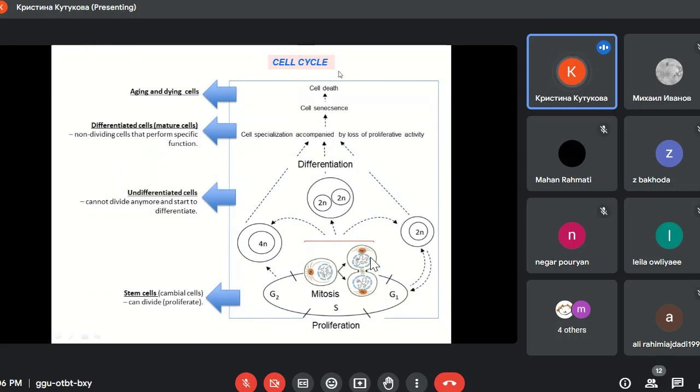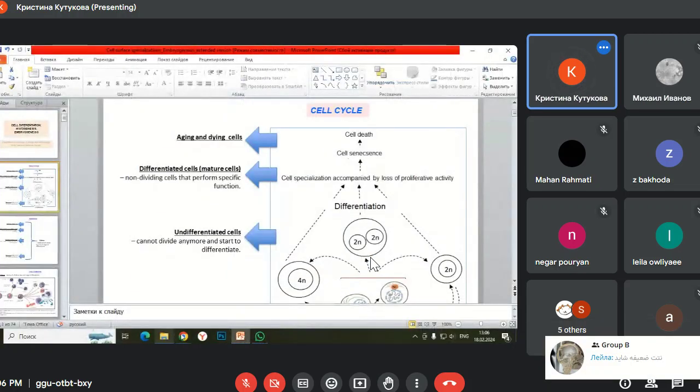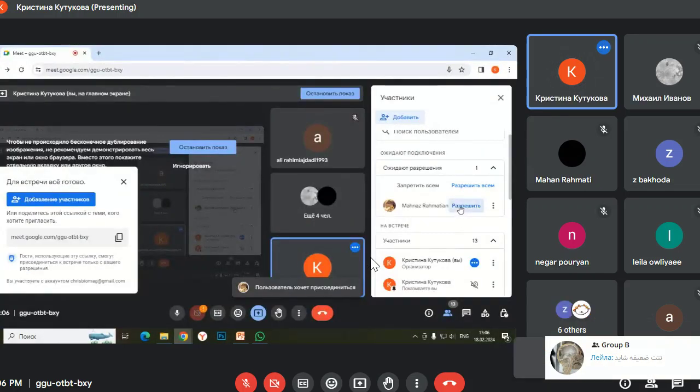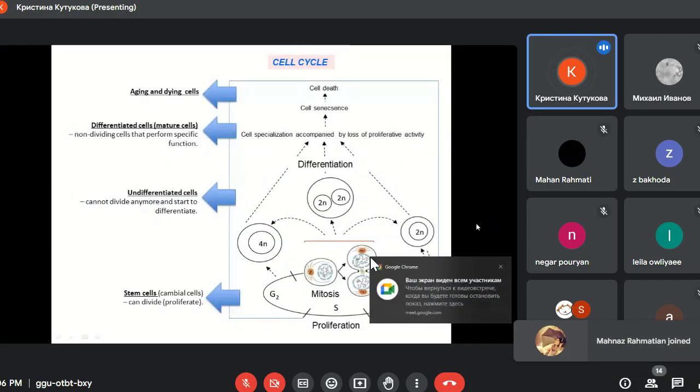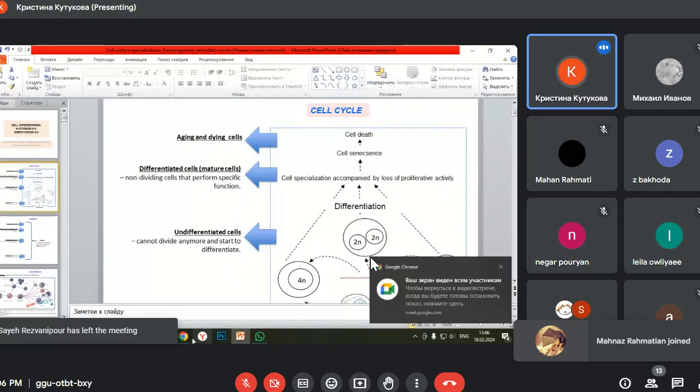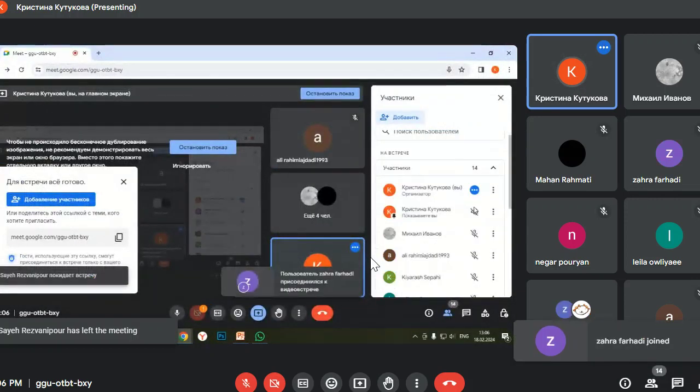So, cell cycle includes the different stages of life of a cell. A new cell develops as a result of mitotic division of mother cells.